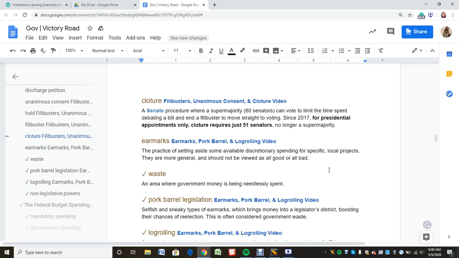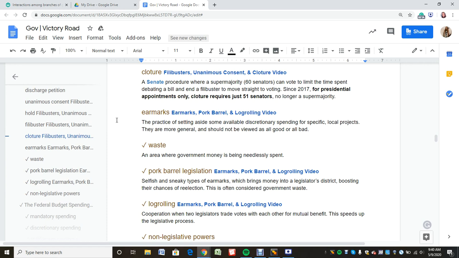They take some available discretionary spending that I personally believe should be used for better things, but they use it for specific local projects to bolster their constituent base, and these local projects may be a good thing, you might need that new bridge or something, but some of them are bad. Some of them are considered government waste. And as you can see, that's where government money is being needlessly spent.